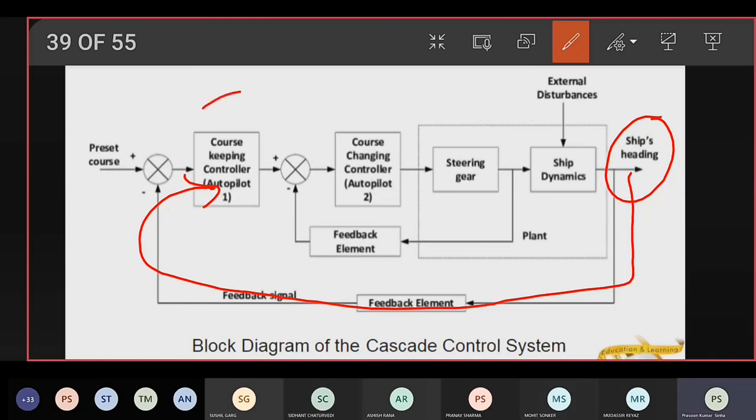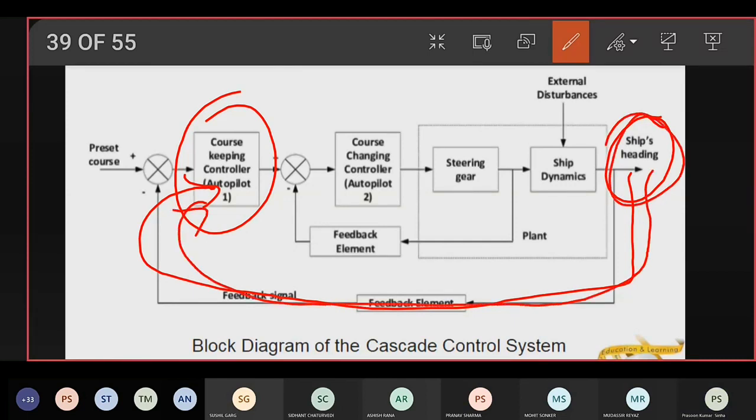So how to steer and keep the course is guided by how the heading is behaving. So in general, this is what the adaptive autopilot is. Any questions?